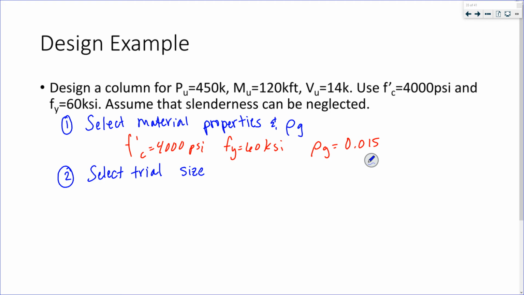If I flip back in my notes, I have a relationship between the material properties and your reinforcement ratio. Let's assume tied columns.